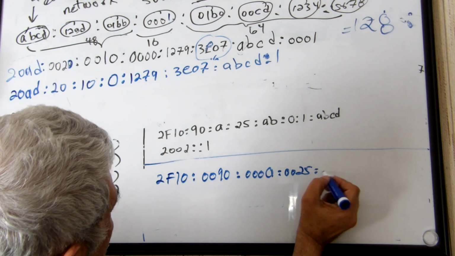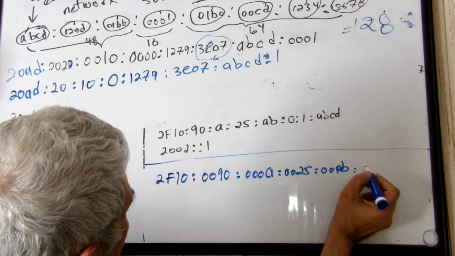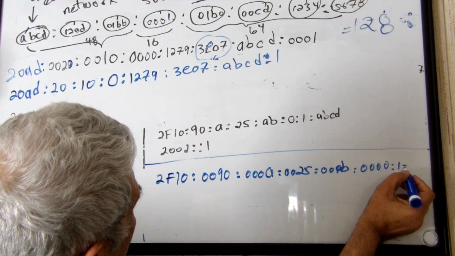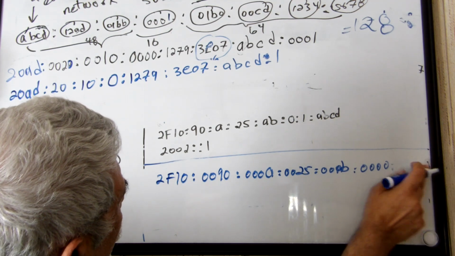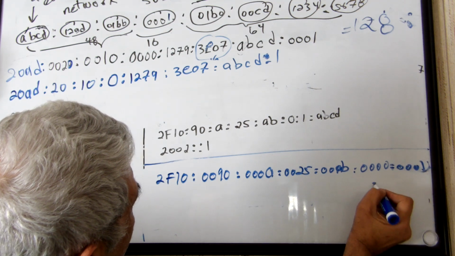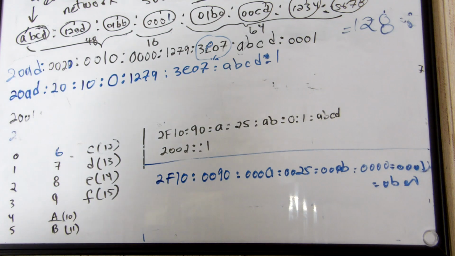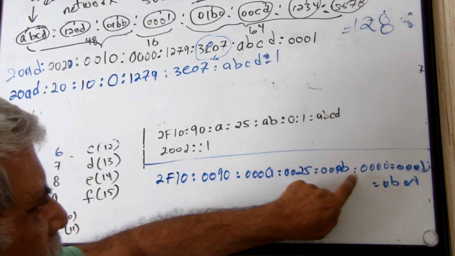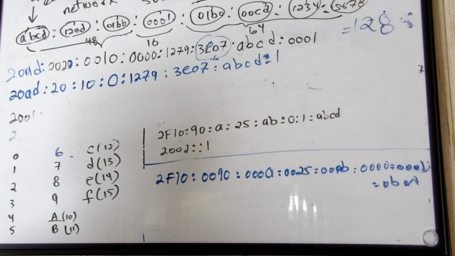There must be, and then 00AB, and then 00001, and then A, B, C, D. Oh, sorry, 001, and then the last one A, B, C, D. Okay. And there are 8. 1, 2, 3, 4, 5, 6, 7, 8. 8 fields of this expanded.